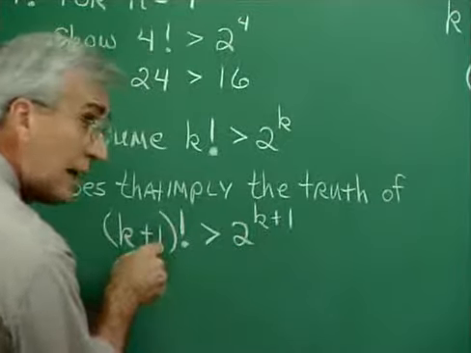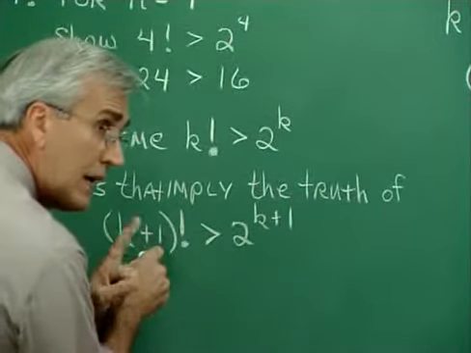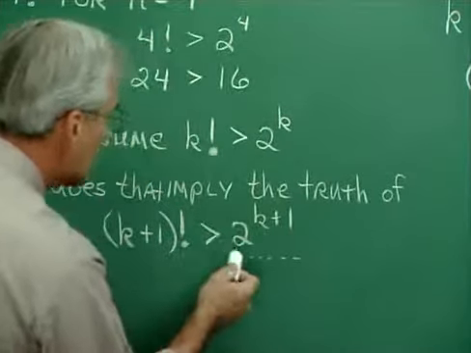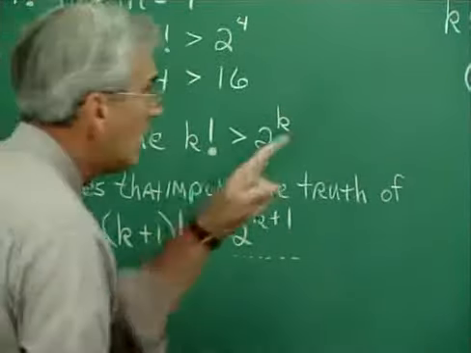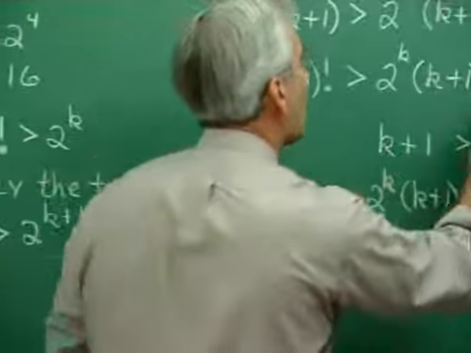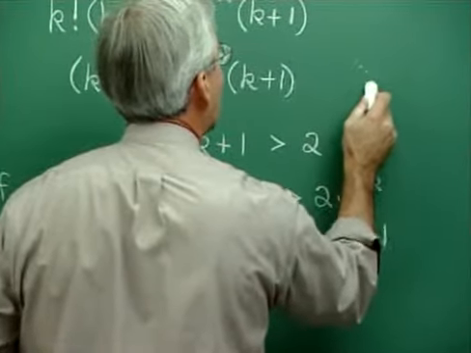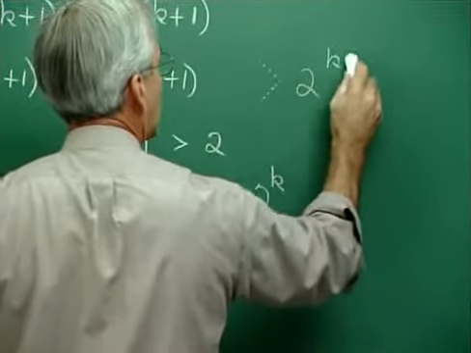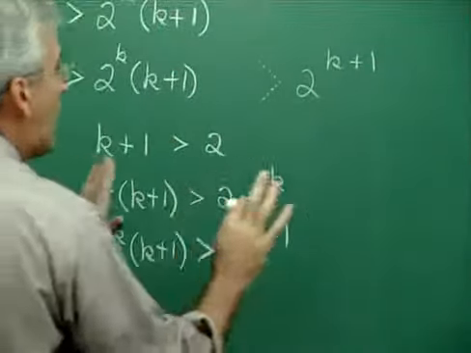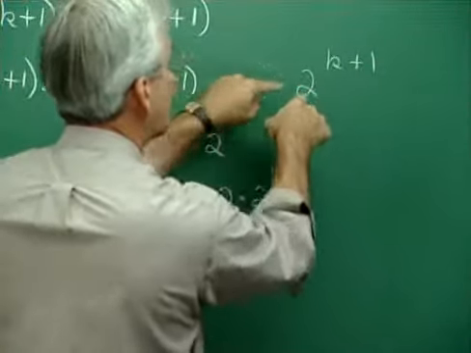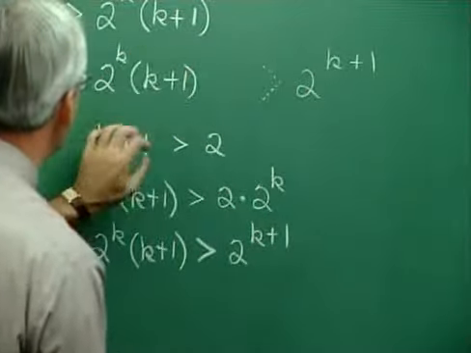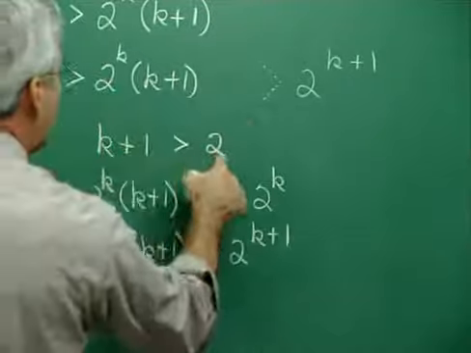Now I have this on the left side of an inequality over there, and I want that to be greater than 2 to the k plus 1. So I want somehow to show that we have greater than 2 to the k plus 1. I need multiple factors of 2 over here, and that's why I'm taking an aspect of this side and setting it greater than 2.